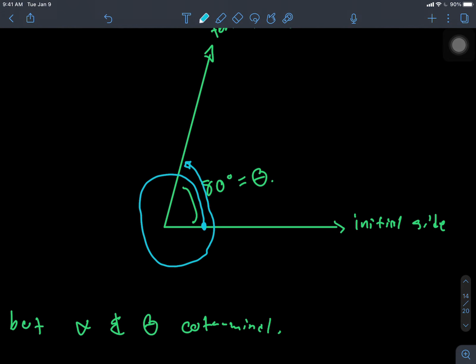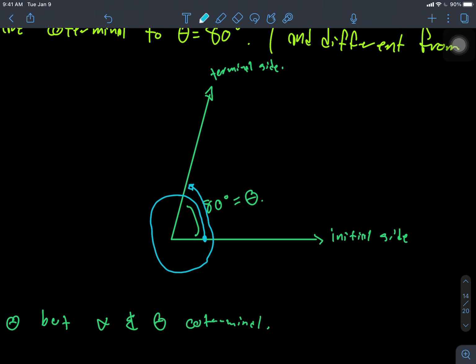I'd go 360 degrees, so I'm back on my initial side, and then I go an additional 80 degrees. So this is the angle alpha equal to 360 degrees plus 80 degrees, which is going to be 440 degrees.